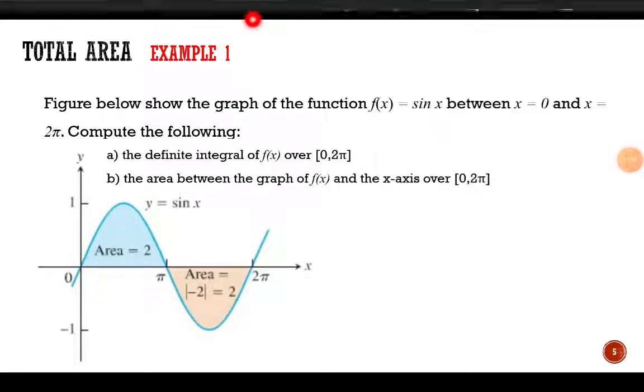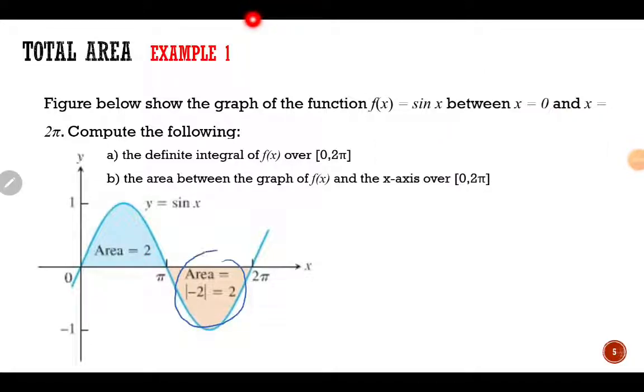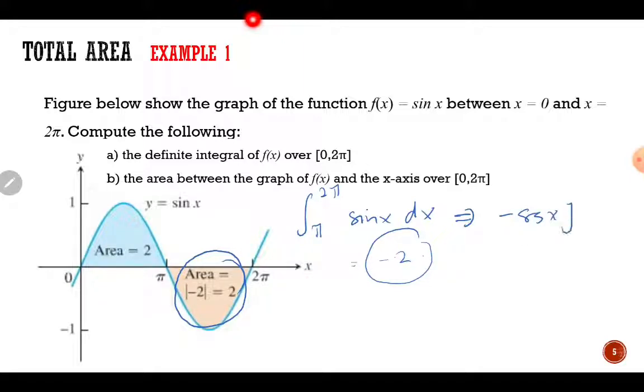This one gets an area equal to negative 2 because you integrate from pi to 2 pi straight away with sin x dx. When you integrate sin x dx, you get negative 2. If you are not sure, you get negative cos x, substitute 2 pi and pi.